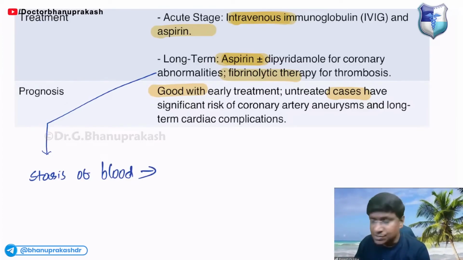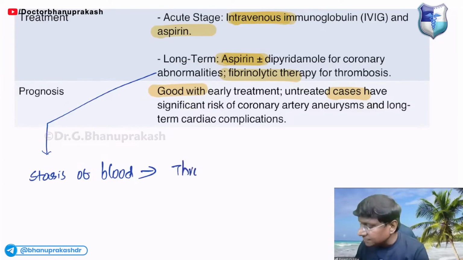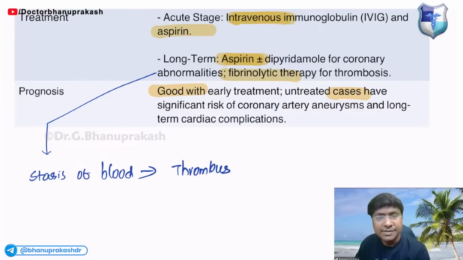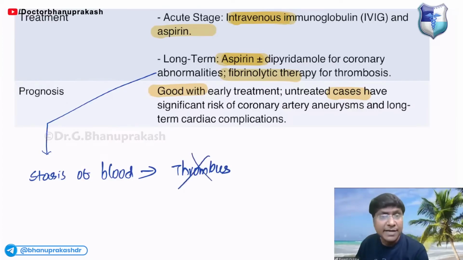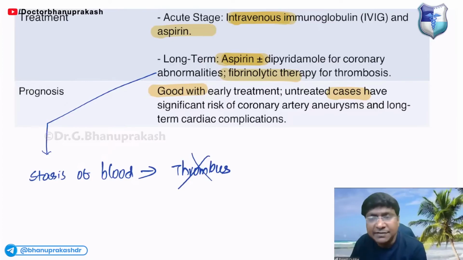This can precipitate the thrombus formation, and once there is a thrombus, the individual will develop MI. So to prevent this thrombus, you need to give low dose aspirin. I'm not saying high dose aspirin like we give in acute rheumatic fever. Low dose aspirin has to be given.